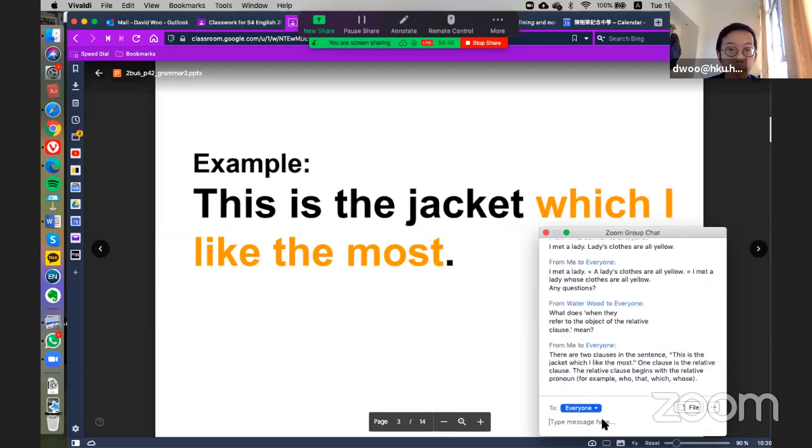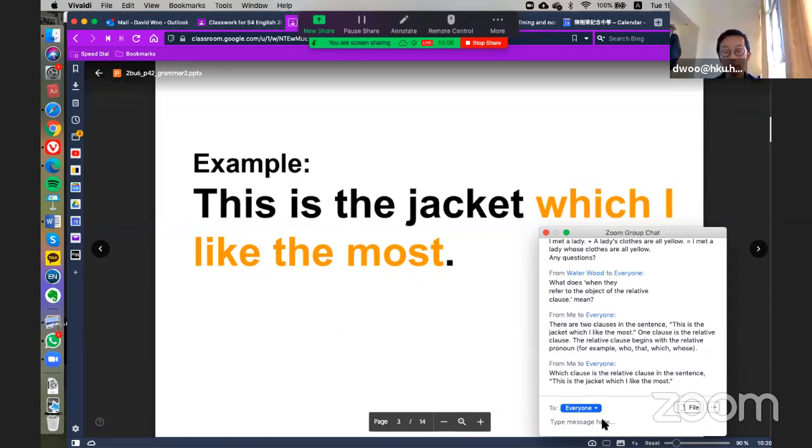So, Benson and everyone else, which clause is the relative clause in the sentence, this is the jacket which I like?